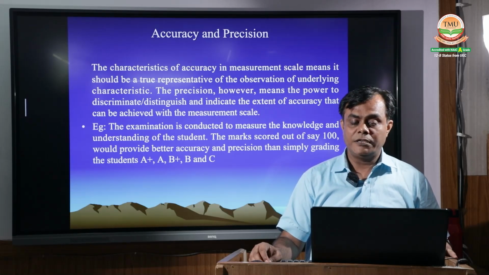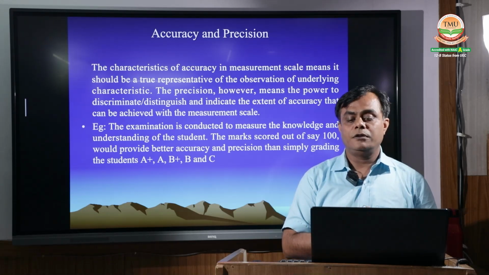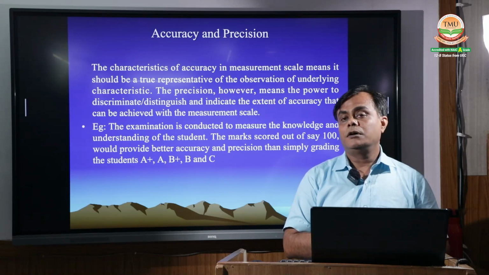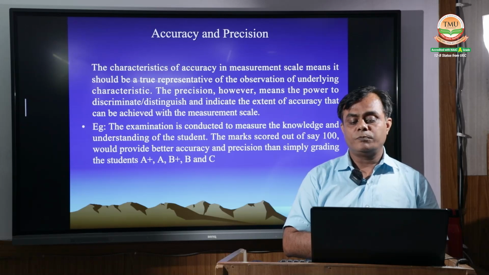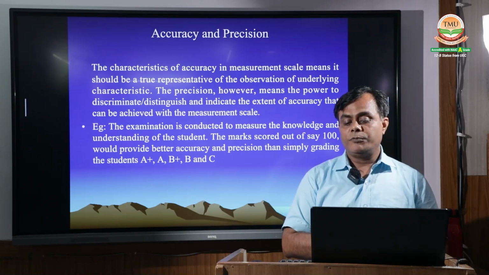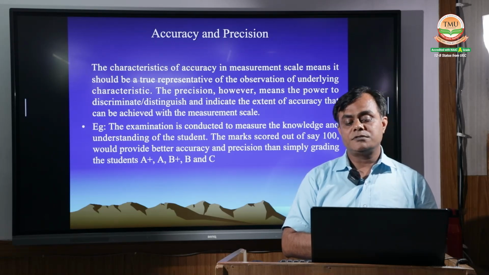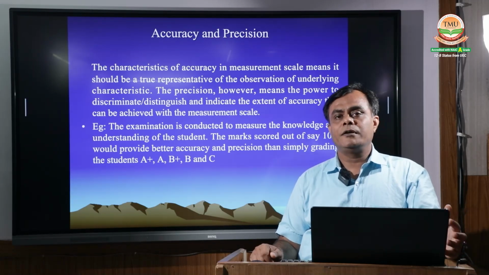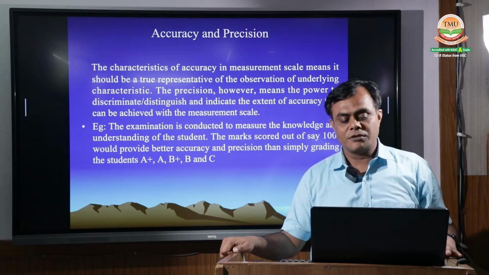An example is given in this slide. An examination measures the knowledge and understanding of the student. The marks scored by 100 students provide better accuracy and precision than simply grading the students A plus, A, B plus, B, and so on. Sometimes we create a measurement scale on the basis of grading.